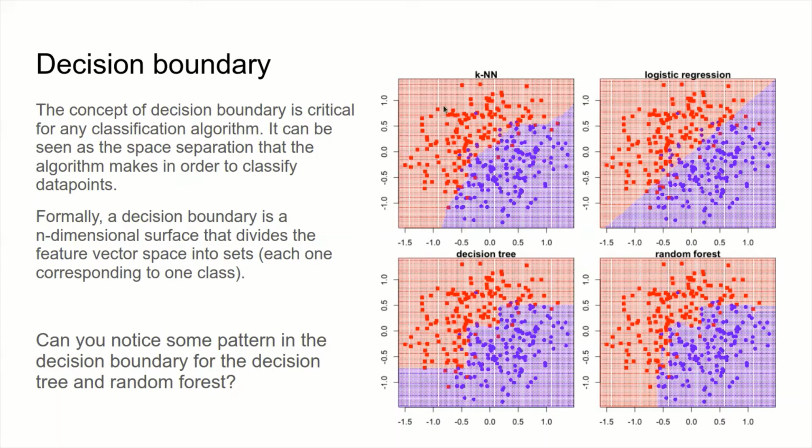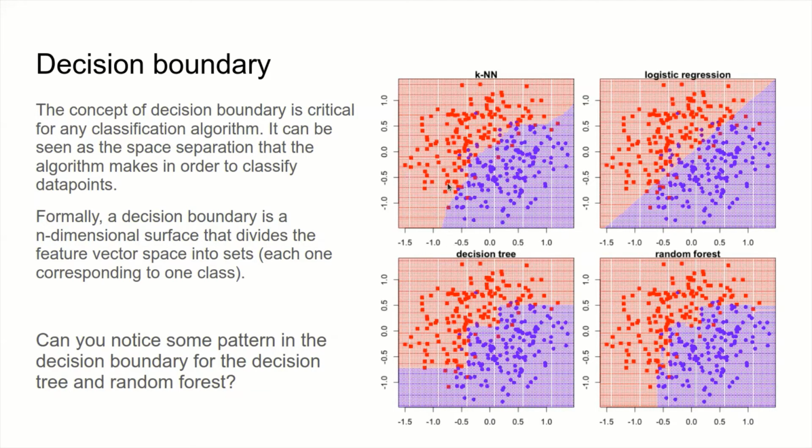For example, in this binary classification problem, where we've got two possible target values, yes or no, notice that the decision boundary divides the feature vector space into two sets. The first set is all the images of the function that we're learning for which the predicted value will be yes. For example, red could be yes, and blue could be no.